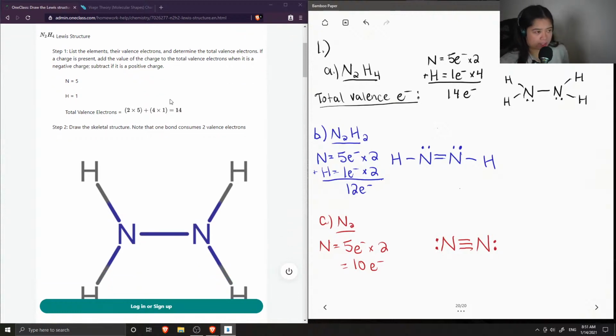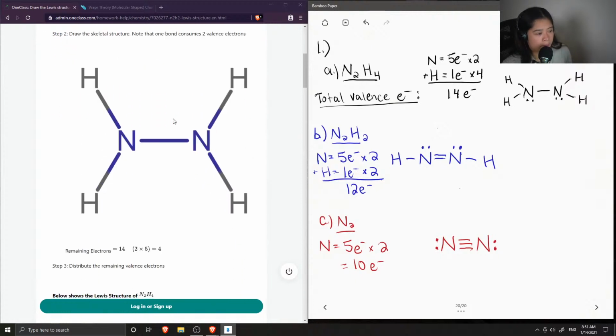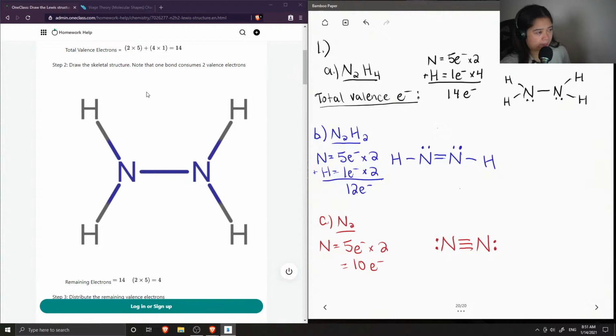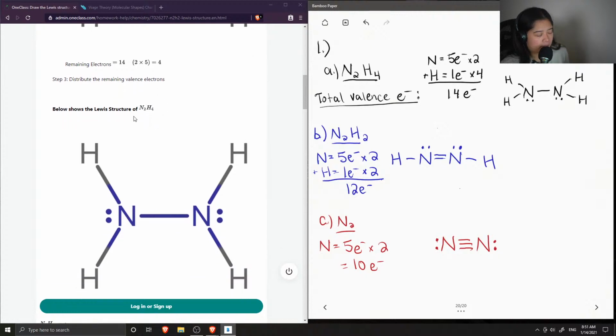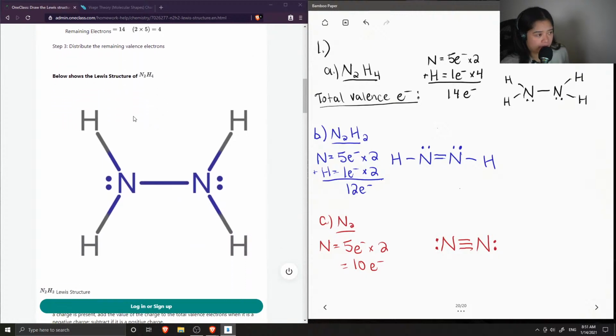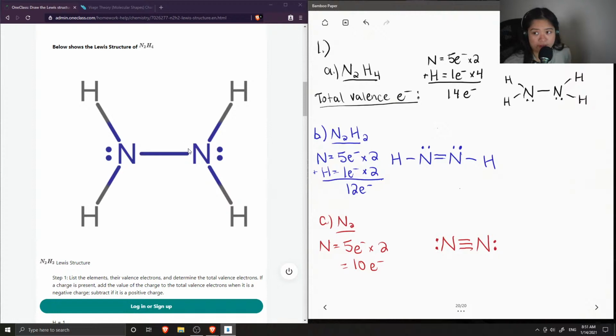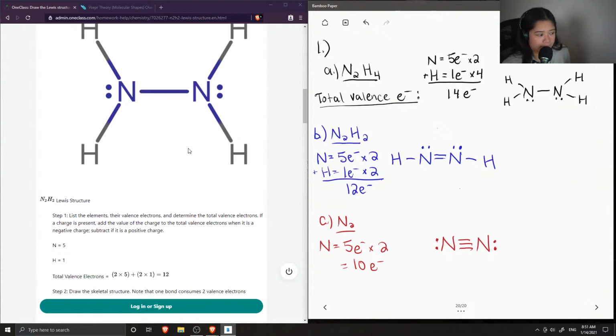So we didn't need to do that for any of our molecules since they were all neutral. For the first structure, they got 14. And then they drew it out step by step. So first is the skeletal structure. And then next they added the 2 lone pairs, and that was their final structure.